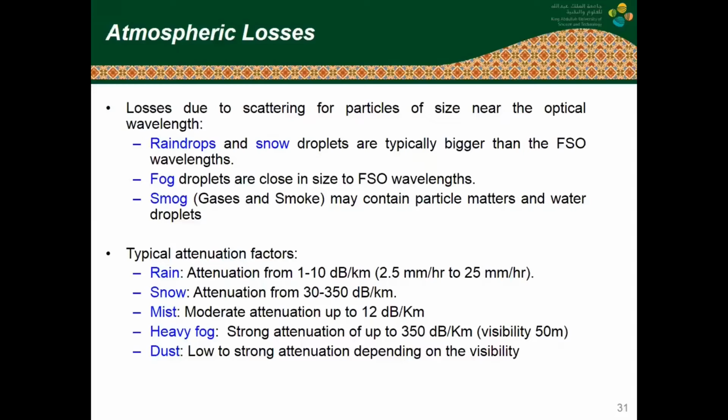Of course, typical attenuation we deal with: for rain, depending on the rain rate, between 1 to 10 dB per kilometer. Snow can be higher than that. Mist can be some 12 dB per kilometer. But as you see, fog can be kind of a killer because essentially it can completely kill your signal.